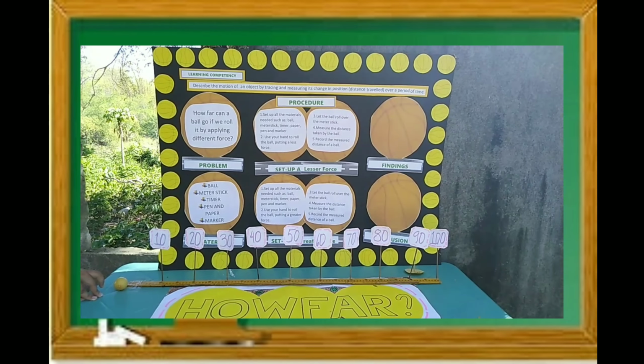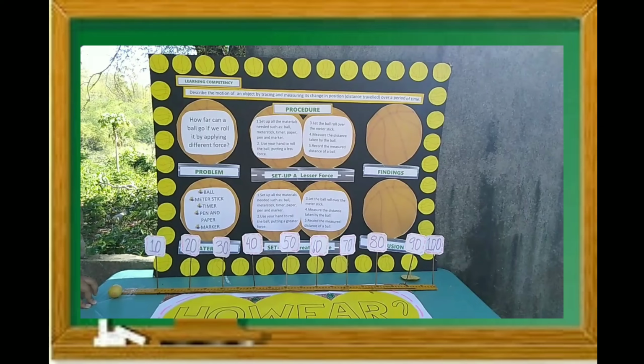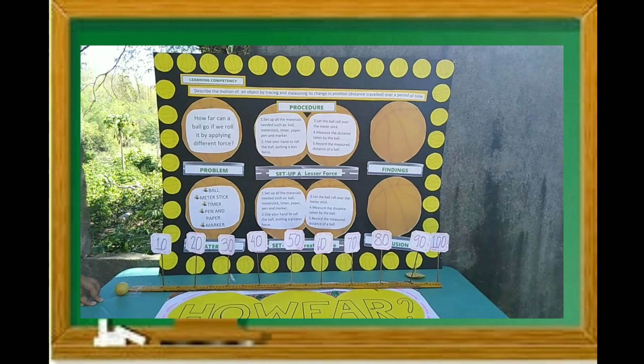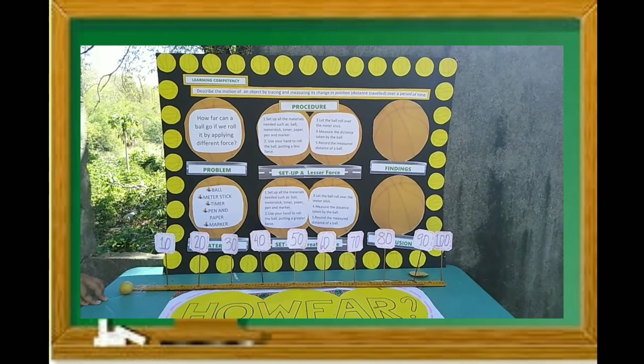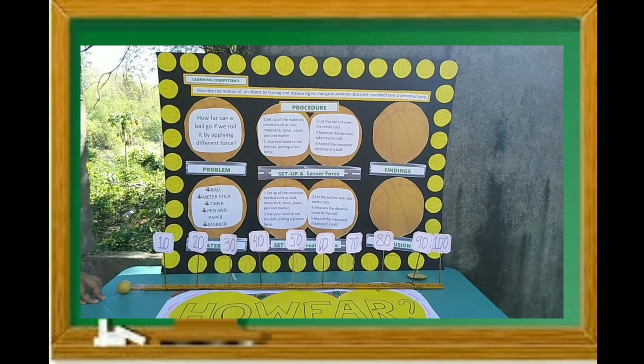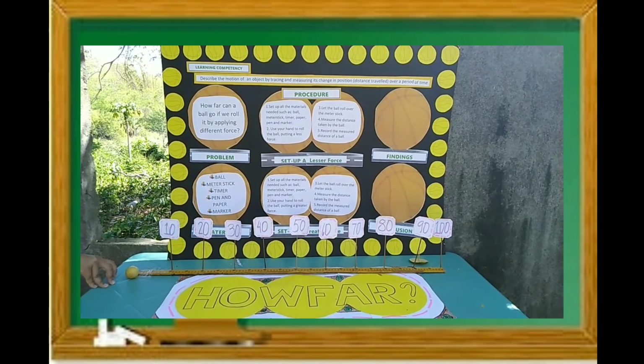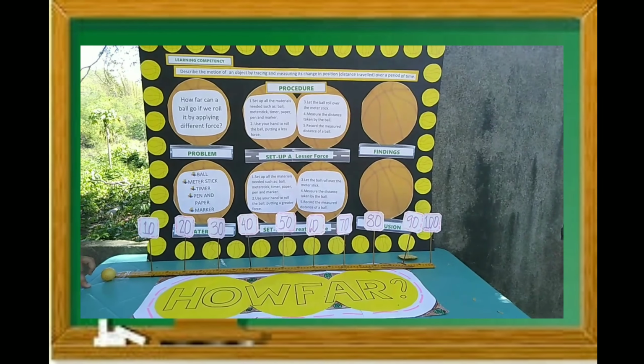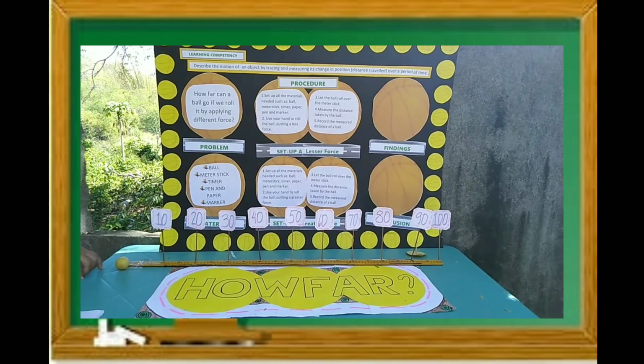First, in setup A, lesser force, set up all the materials needed such as ball, meter stick, timer, paper, pen, and marker. For the second procedure, use your hand to roll the ball putting a less force. And for the third procedure, let the ball roll over the meter stick.